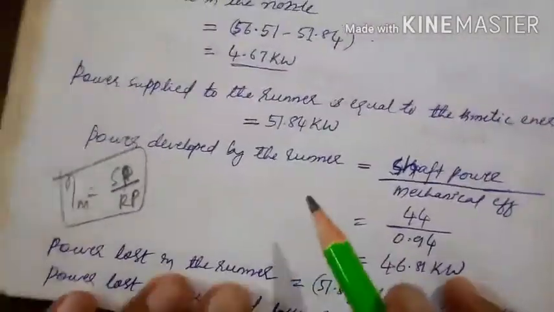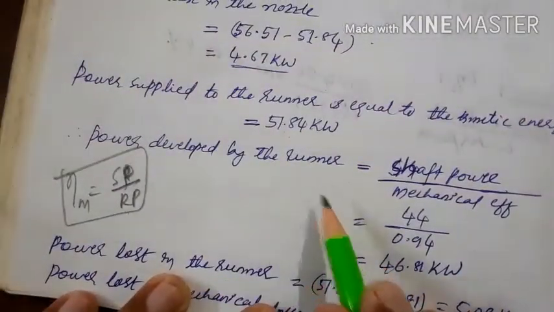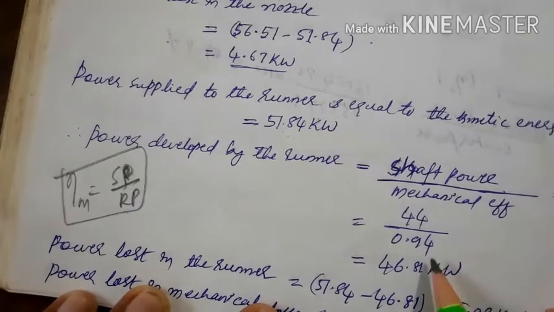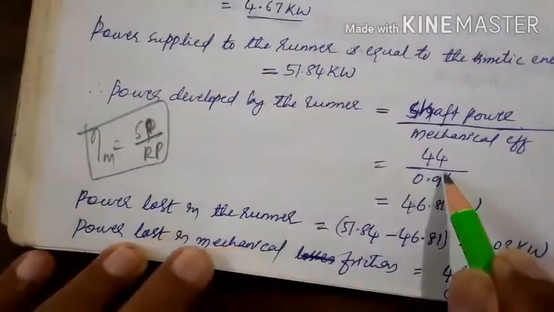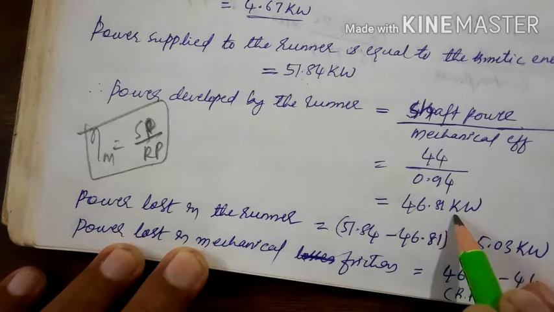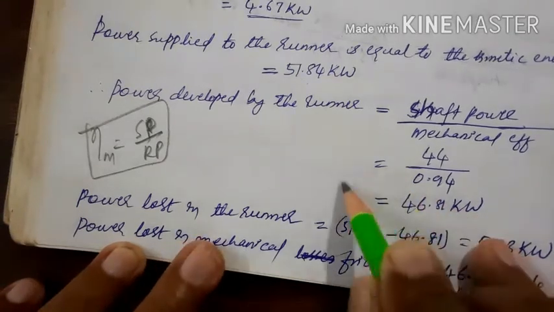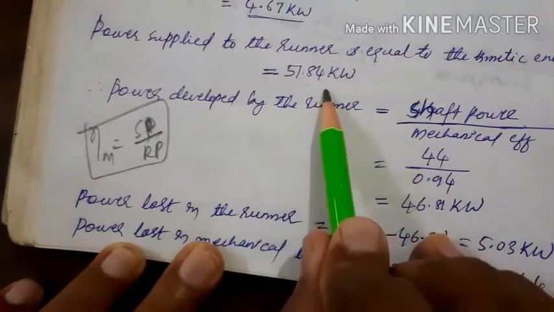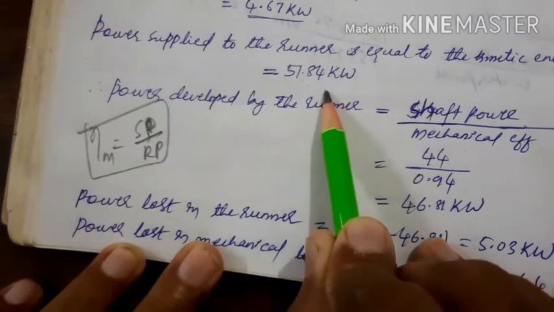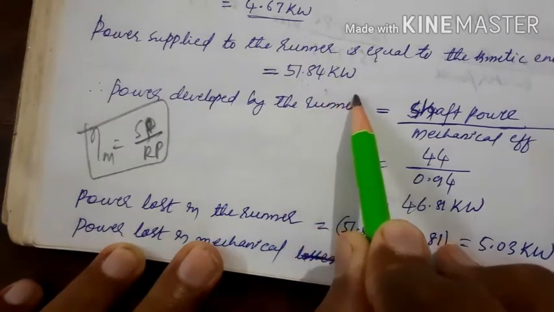Then from this we can easily calculate the power developed by the runner will be shaft power by mechanical efficiency. So in this problem mechanical efficiency is given, substitute here, we get the power developed by the runner will be 46.81 kilowatt.